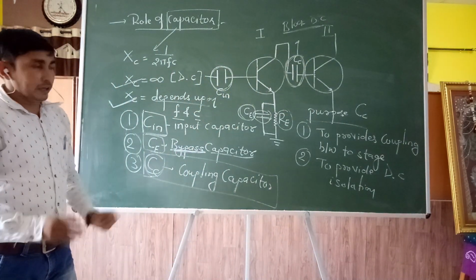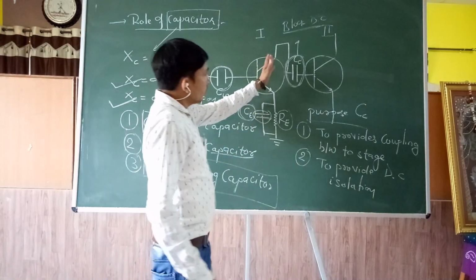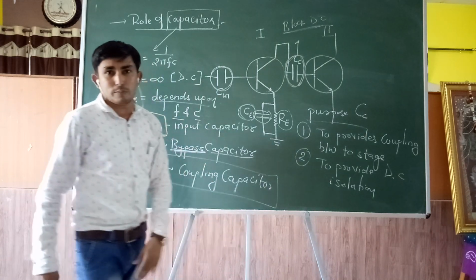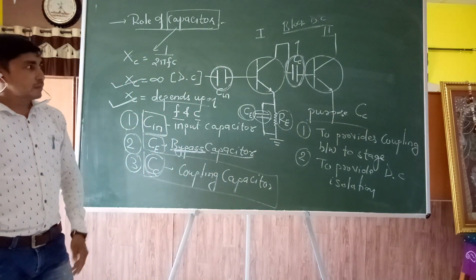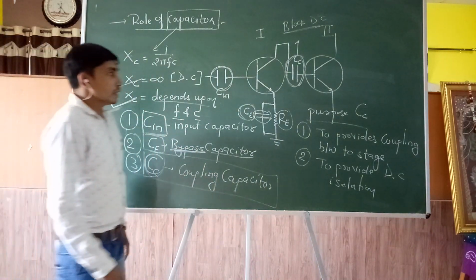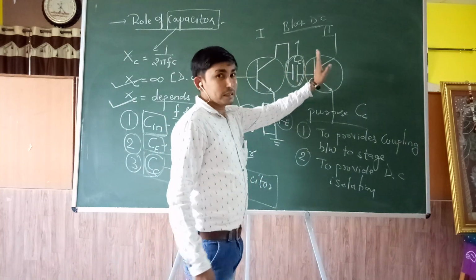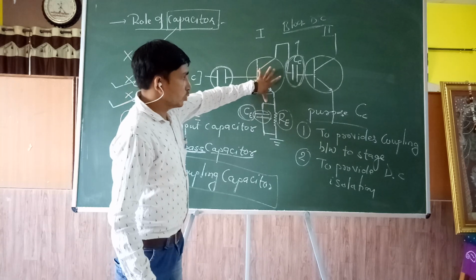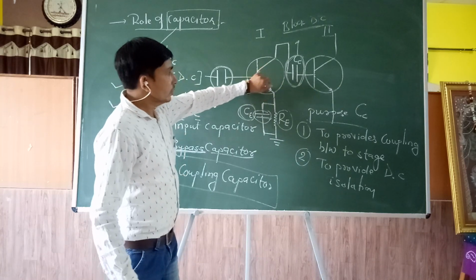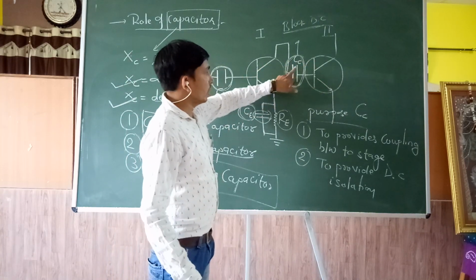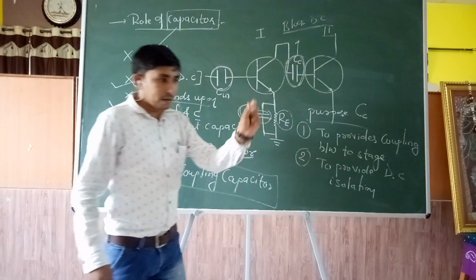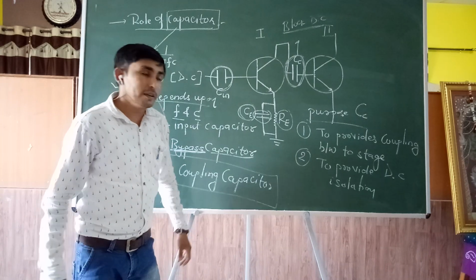First, if two stages are coupled by using resistors and capacitors, then it is called an RC coupled transistor amplifier, that is, a resistor capacitor coupling amplifier.